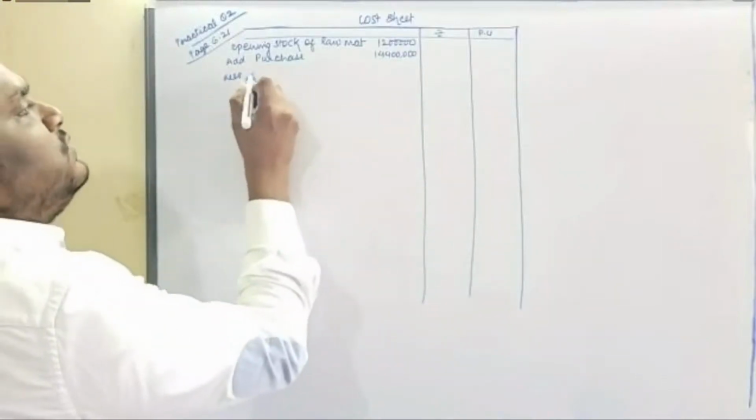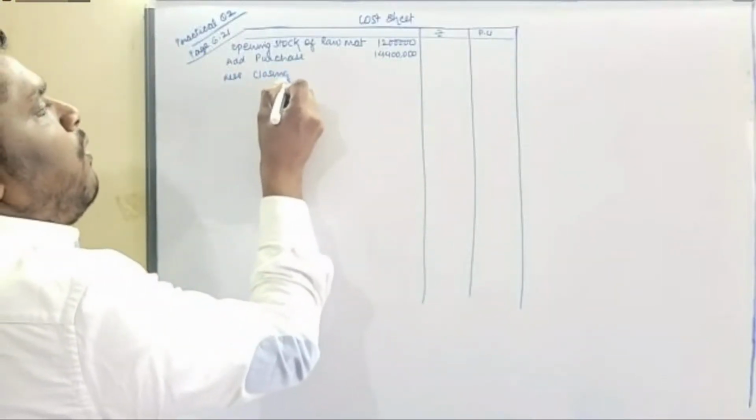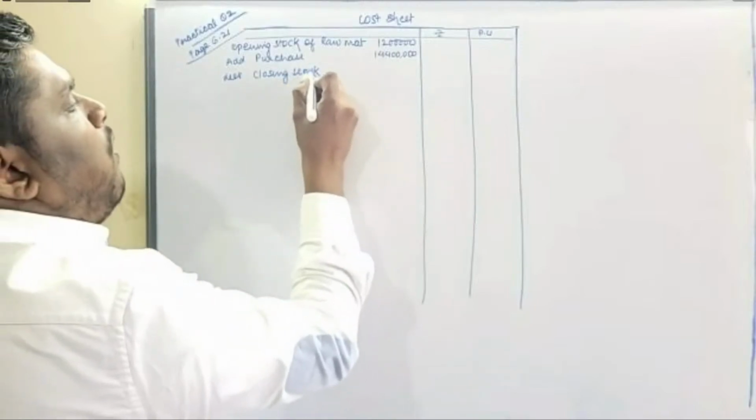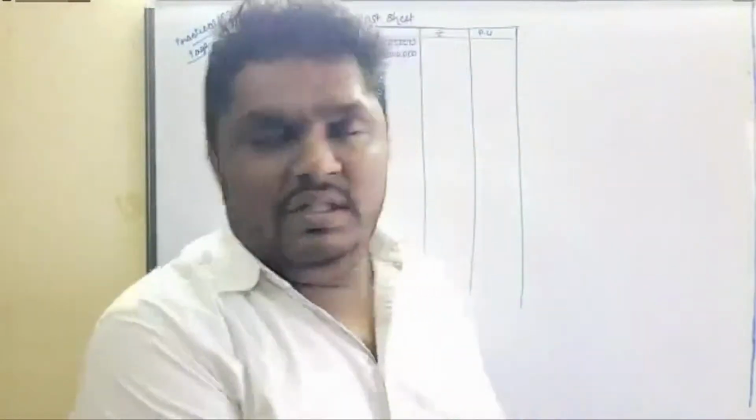Less closing stock of raw material that is given in the question, that is 14 lakh.